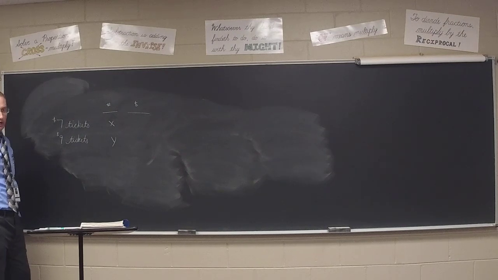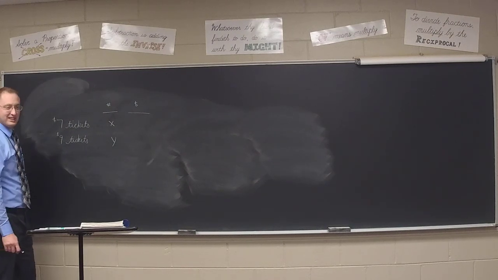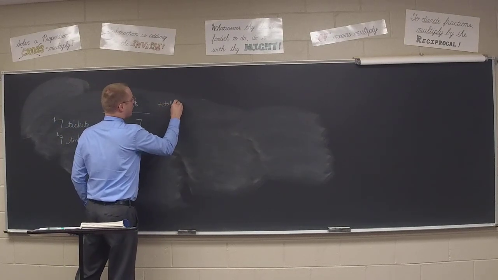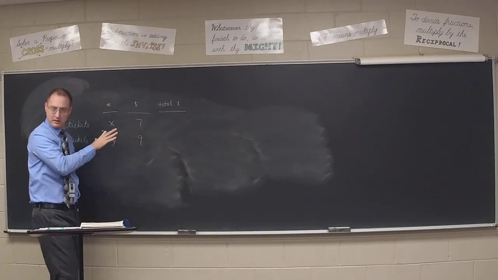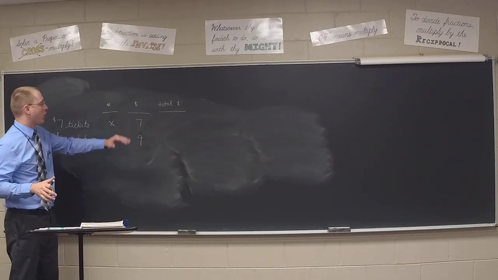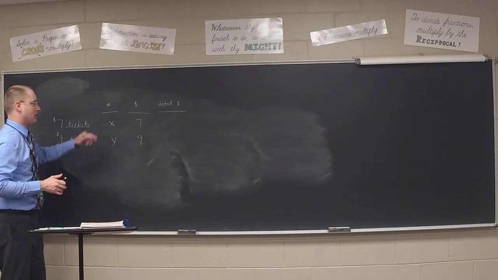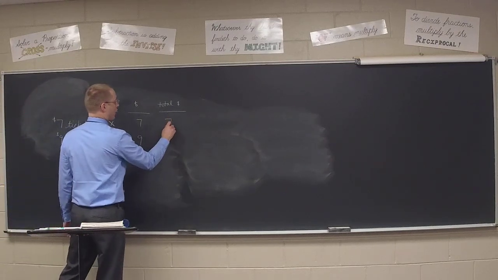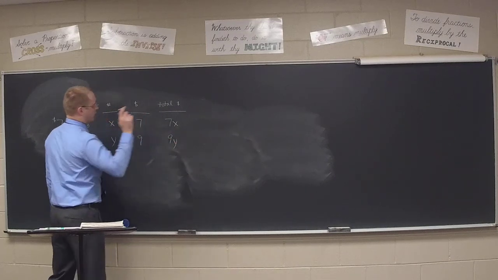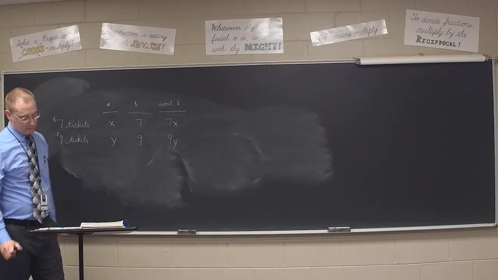Let's not make this too hard, considering it's kind of already on the board. 7 and 9. So that should have given you the total price of each. Did you set it up this way? Kind of, okay. And so what was the total money that came in from all the $7 tickets? And all the money that came in from the $9 tickets? Now there are 2 numbers in the problem we haven't used yet.